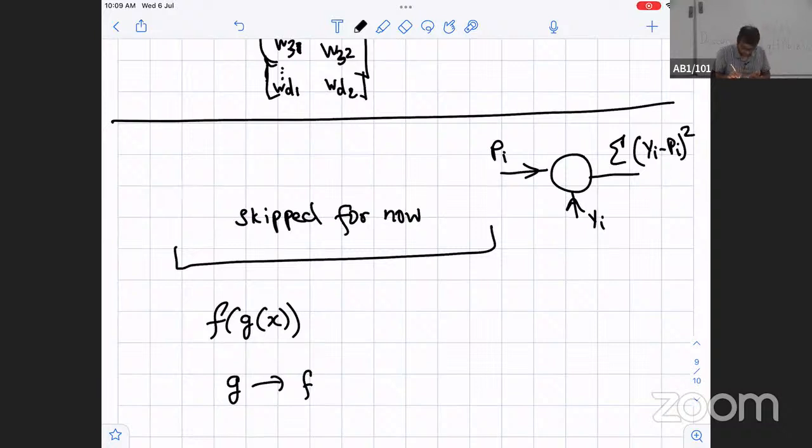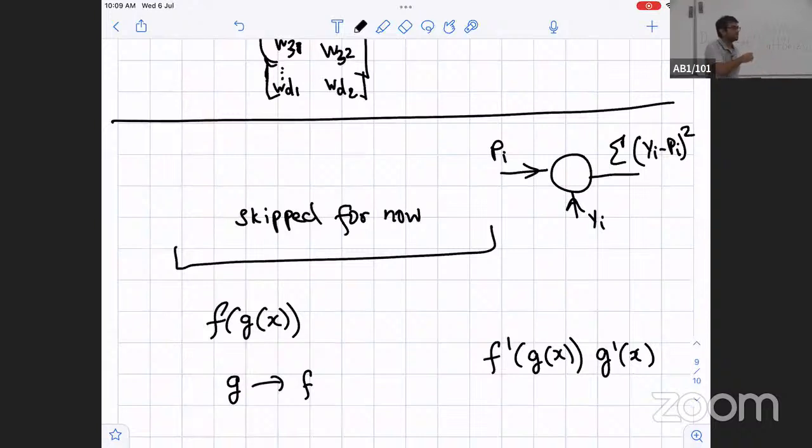But the gradient of this is what? f dash of g of x times g dash of x, right? So this is now going first f dash, then g dash. So it's reversing the operation. That's why I spent so much time explaining the chain rule. If you don't understand this now, you will understand once we do a few more steps.